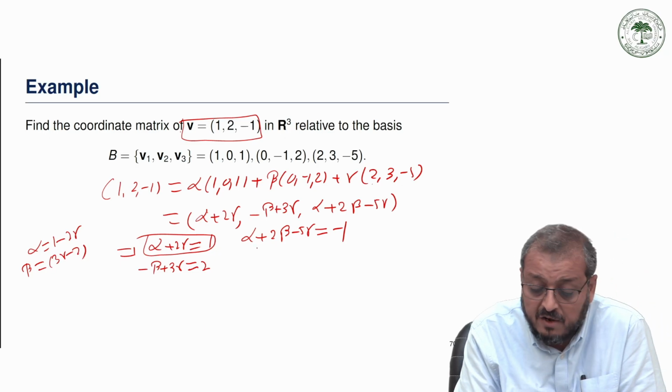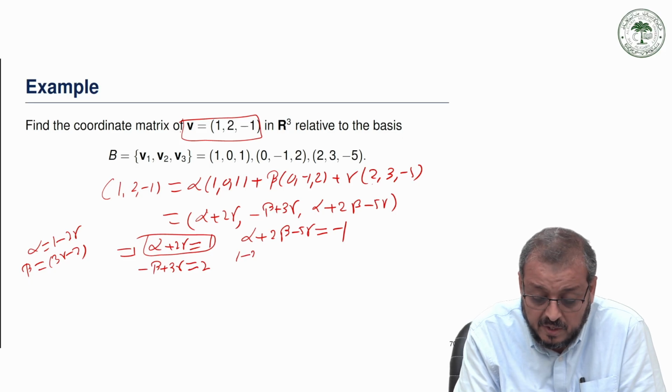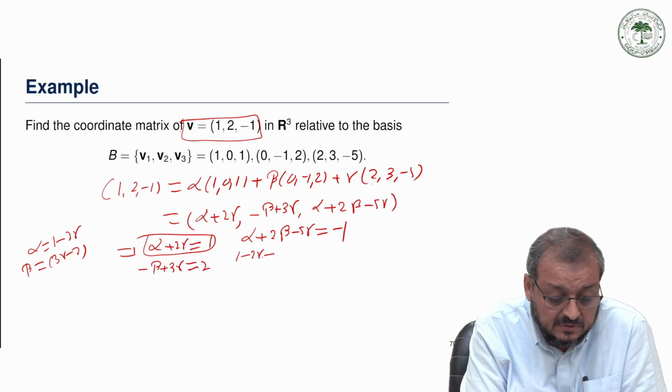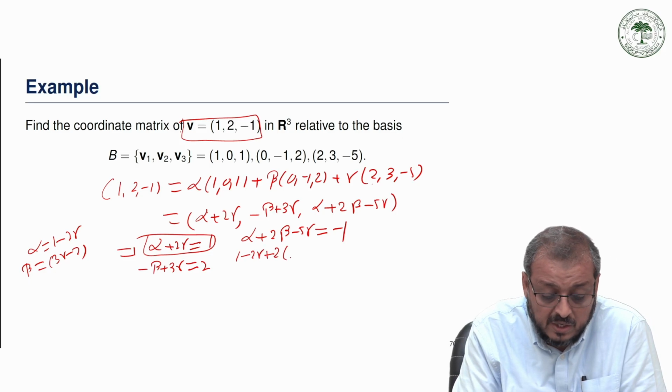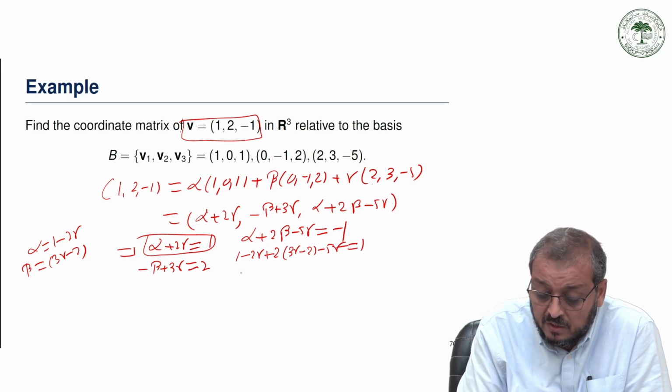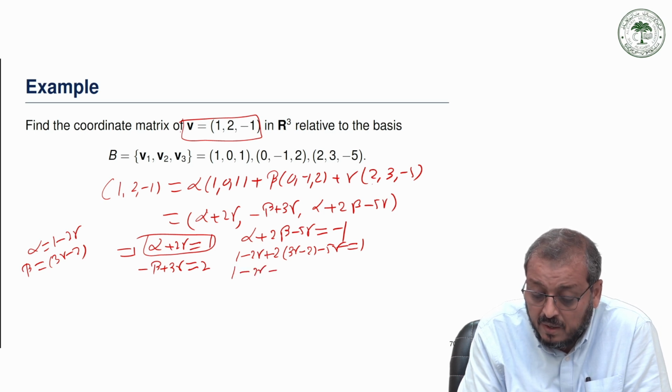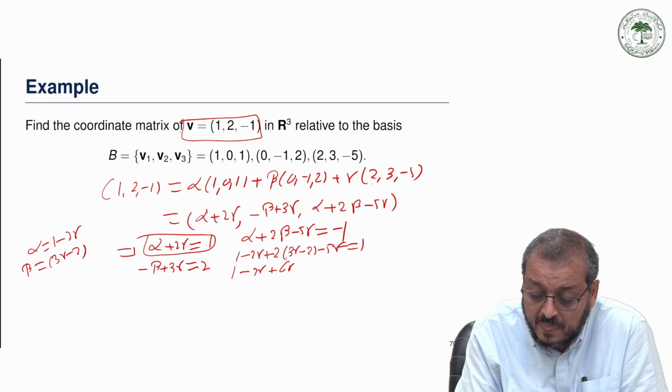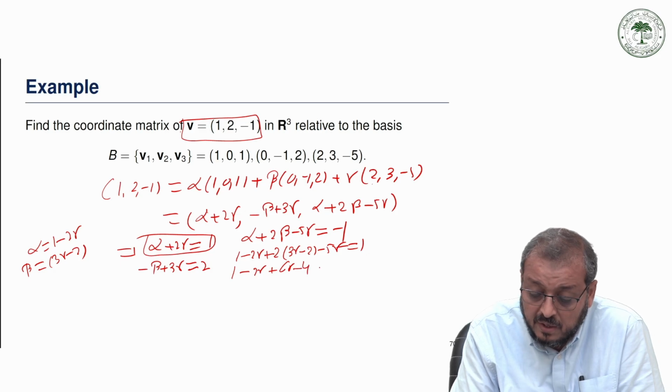So if you put alpha and beta here, alpha is equal to 1 minus 2 gamma, plus 2 times 3 gamma minus 2, minus 5 gamma is equal to 1. So you have 1 minus 2 gamma plus 6 gamma, then minus 4, and then minus 5 gamma is equal to 1.